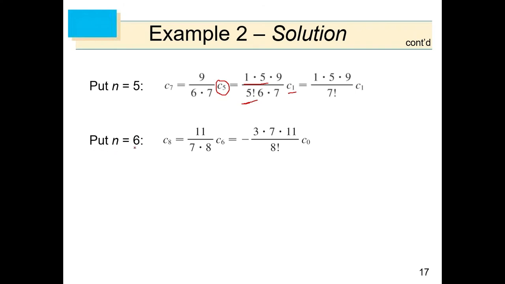Similarly, put n equal to 6, we get C8 is equal to minus 3 into 7 into 11 upon 8 factorial into C0. Put n equal to 7, we get C9 is equal to 1 into 5 into 9 into 13 upon 9 factorial C1.